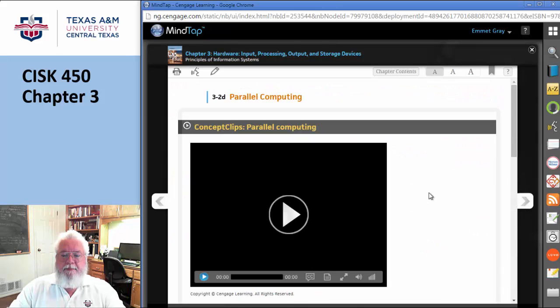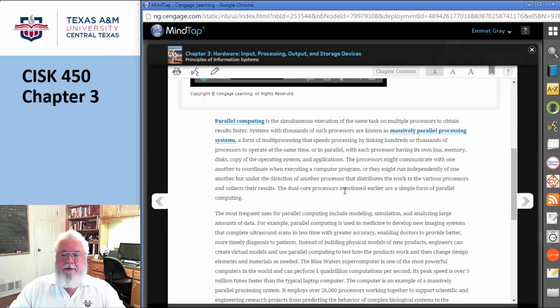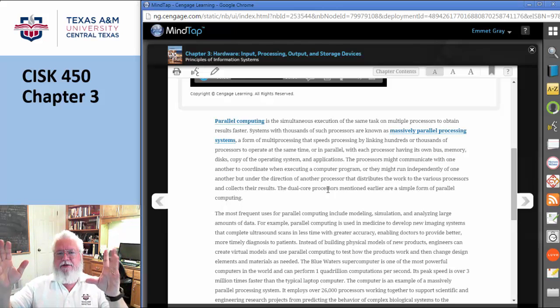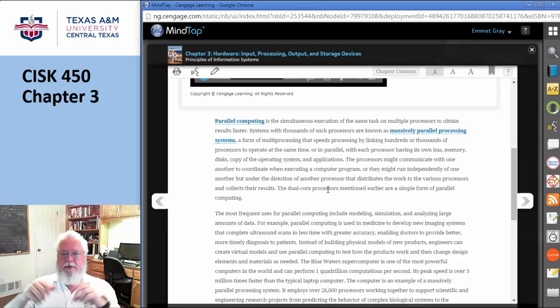The next thing to talk about is parallel computing. Now, parallel computing was the first thing I talked about, where you take a single task and you break it up into small pieces and you send it through. Now, this is fairly rare, and most people don't have parallel computing at home. If you're a researcher, maybe you might have a machine that's specifically designed for this.